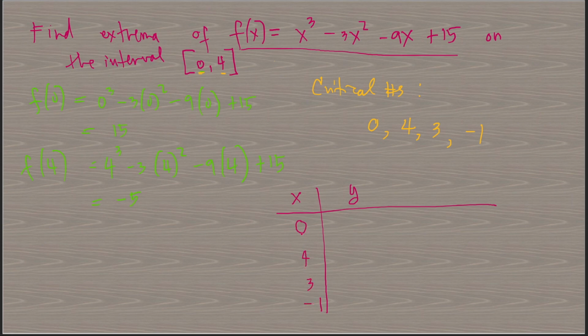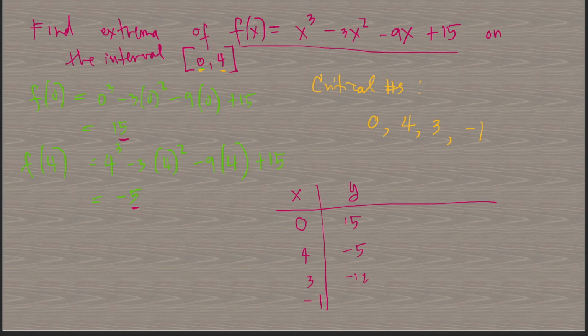So when you find f of 0, what's the answer? f of 0 is 15, right? When we evaluate f of 4, what's the answer? f of 4 is -5. When we evaluated last time f of 3, substituting 3 into the original function, we arrived at -12.